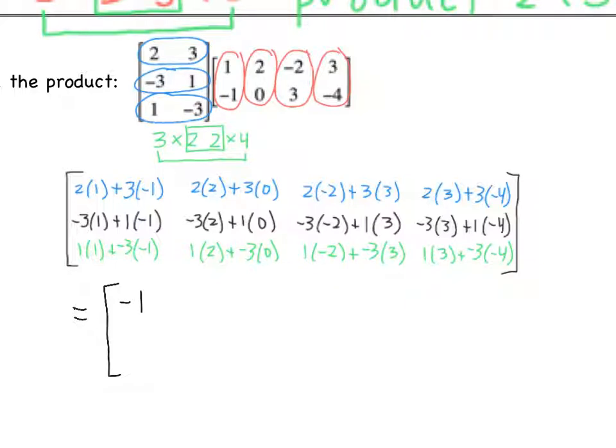Row 1, column 2 is going to be 4. Row 1, column 3, negative 4 plus 9, should get us to 5. And row 1, column 4 is 6 minus 12, so we get negative 6. Now let's do the same thing for the second row.